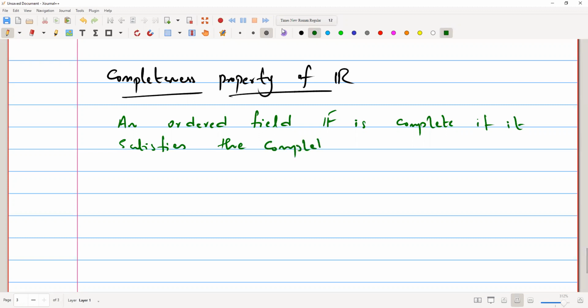Now, what actually is the completeness property? Okay, so we call an ordered field complete if it satisfies the completeness property.